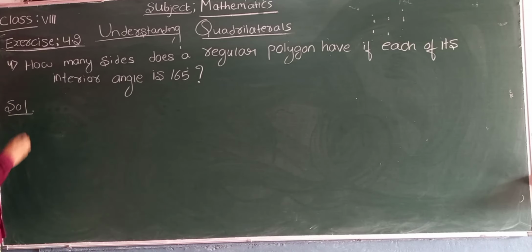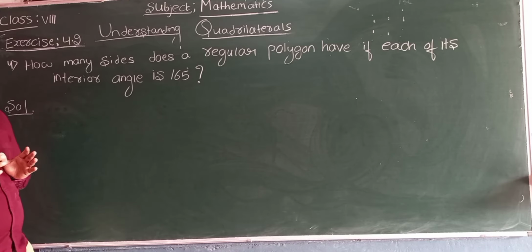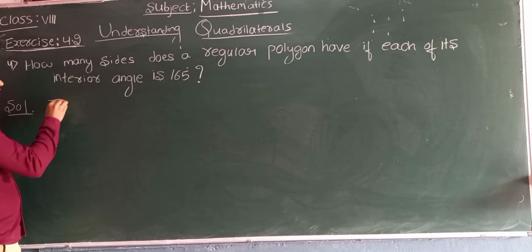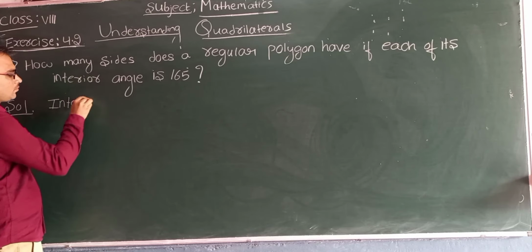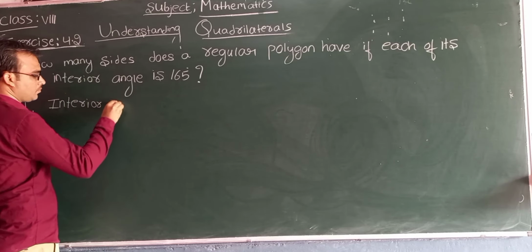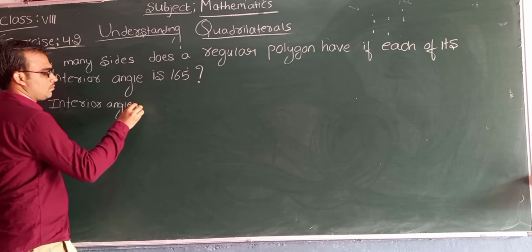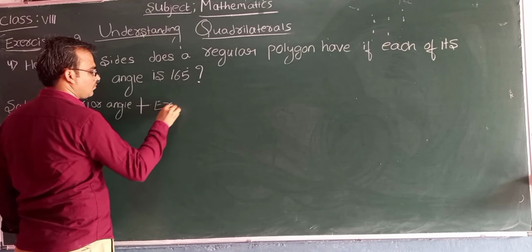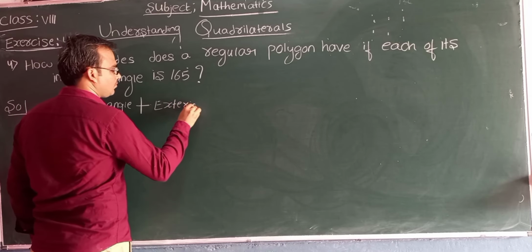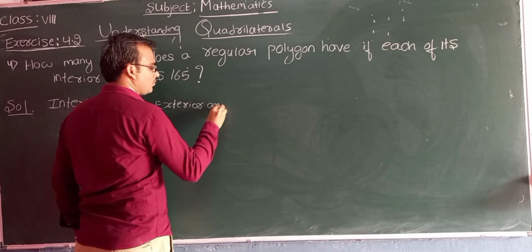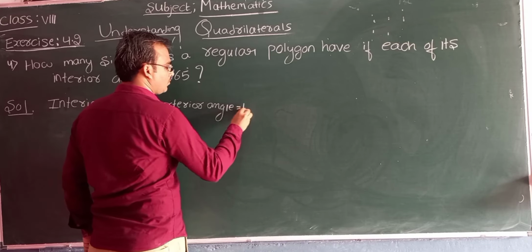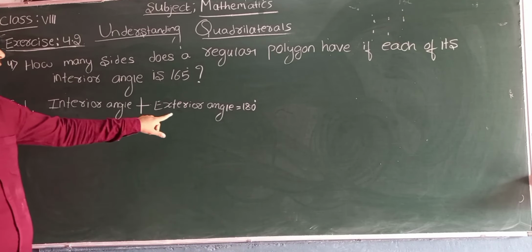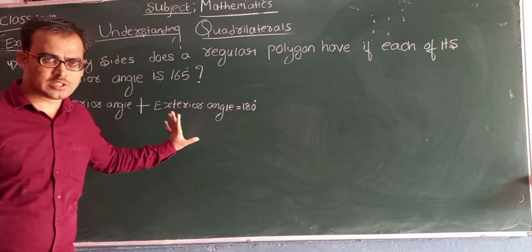So we know that interior angle plus exterior angle equals 180 degrees. Students, this we know.